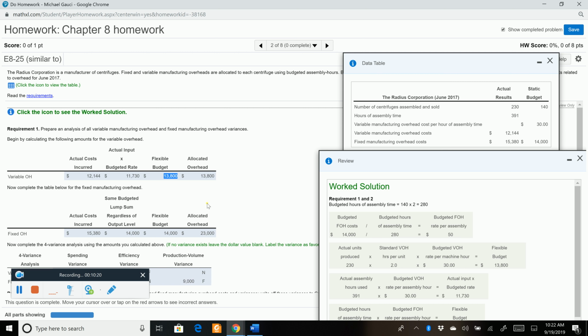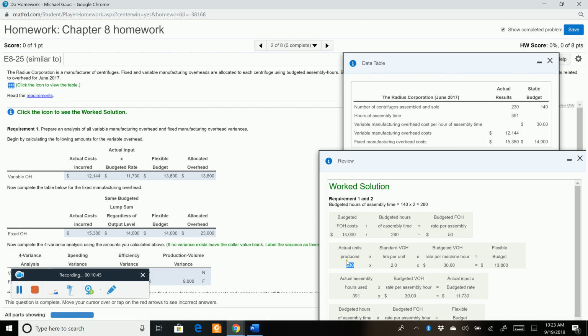And so how many units did we produce? Actual, 230. So come down here, 230, I'm down here, circling it. The actual level of activity, what is allowable? Do you remember we said that based on our budget, it's going to take two labor hours, right? 2 hours per unit.